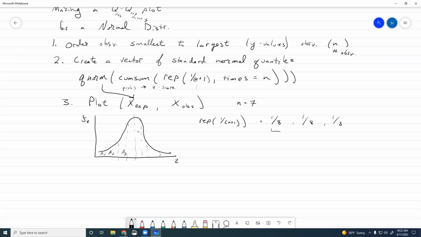So these are the individual areas in that distribution. And then we do our cumsum. And we get 1/8, 2/8, 3/8, all the way up to 7/8.